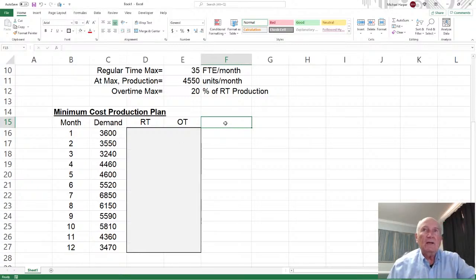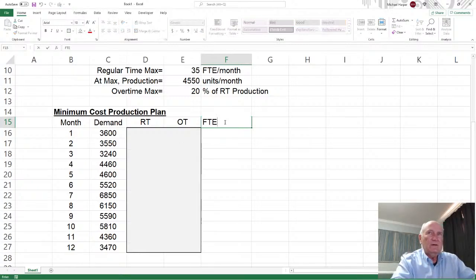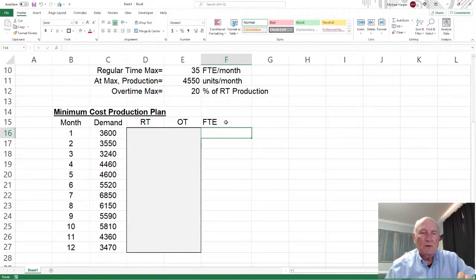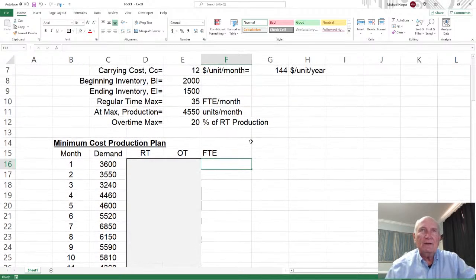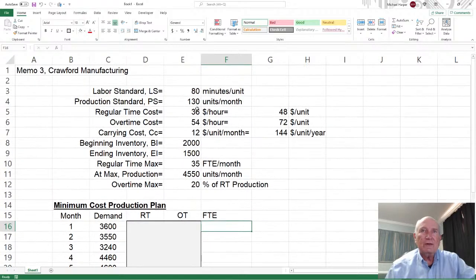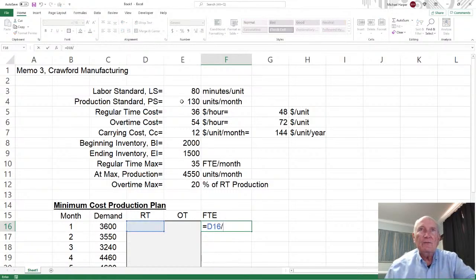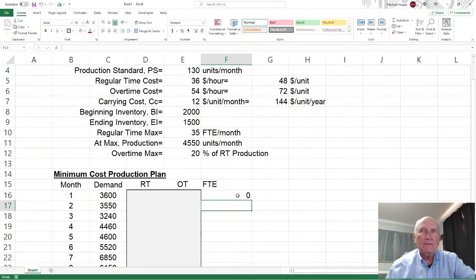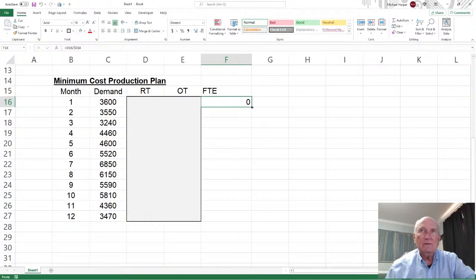Now let's put an FTE here. This FTE will simply, I can bring down here our production standard of 130. I'll just leave it up there. The FTE will equal our regular time divided by the 130, F4 to freeze. Okay, so now I can bring that down. So we have our FTEs there.